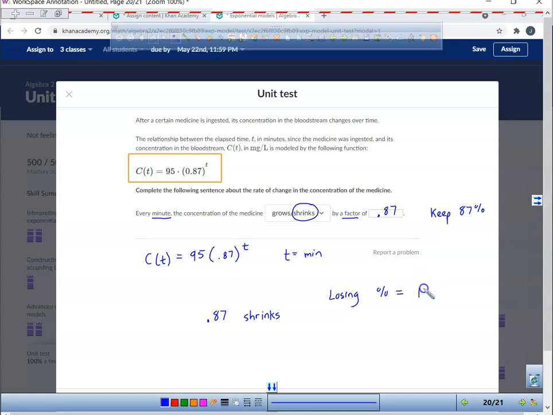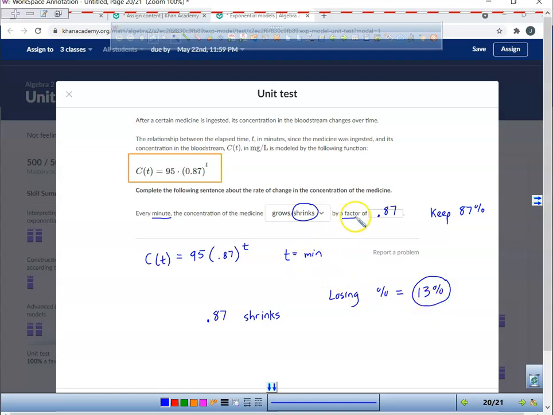It's losing what? 13%. So I want you guys to understand, we could get another question, and instead of it being a factor, it's saying what percentage is it losing? And you'd have to say it's 13% is being removed from that specimen every single time. So if you're multiplying by something by 0.87, what's happening each time? You're losing, each minute, it's losing what? 13% of whatever it had.